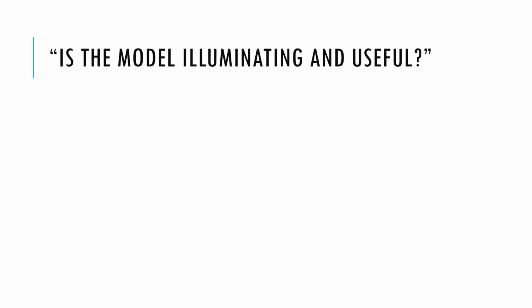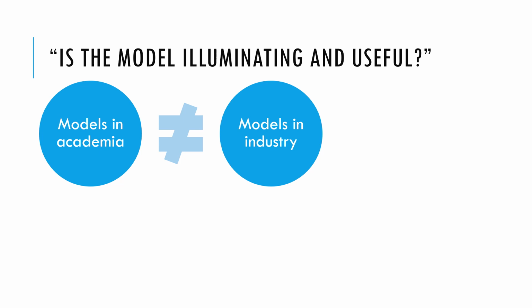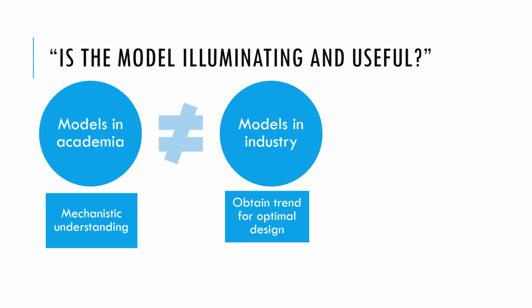We have to ask, is the model illuminating and useful? Does it provide understanding and help us optimize and provide predictive ability? If it does, then it has served its purpose. So models don't always need to have the same fidelity. For example, in academia, our goal is often to have more detailed mechanistic understanding, and so the models need to be of higher fidelity.